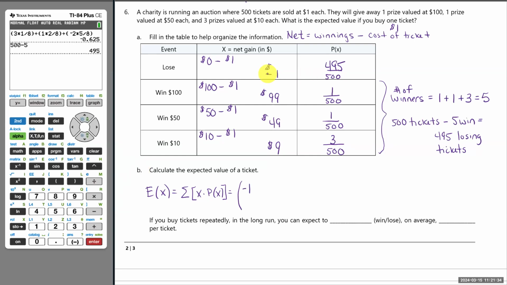So the first X there, -1 times 495 over 500, plus my next pair, $99 times its probability, 1 over 500, plus next pair, $49 times its probability, 1 over 500. And finally, my last pair, $9 times its probability.